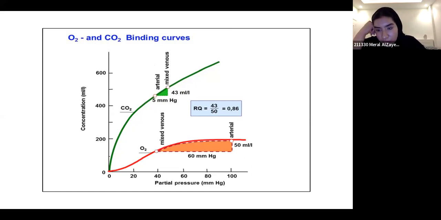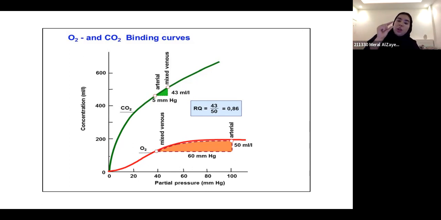Is that clear? When we lose 50 of the concentration of oxygen, you know how we said as the body pumps blood from top to bottom, it loses oxygen concentration because it gets perfused in the tissue.